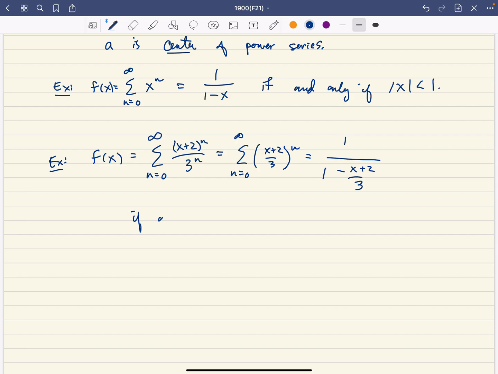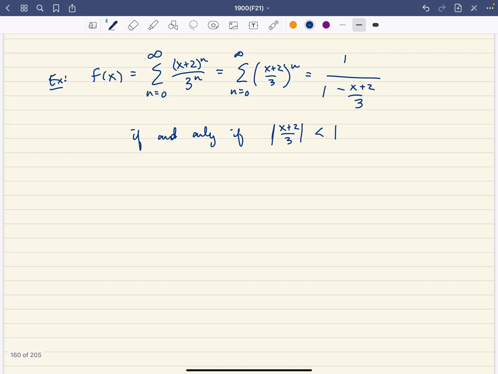If and only if the thing that we're raising to the n, in this case the absolute value of (x + 2)/3, is less than 1. To say that's less than 1 is to say that the absolute value of x + 2 is strictly less than 3, which is equivalent to saying that x + 2 is between negative 3 and 3, or finally, that x is between negative 5 and 1.